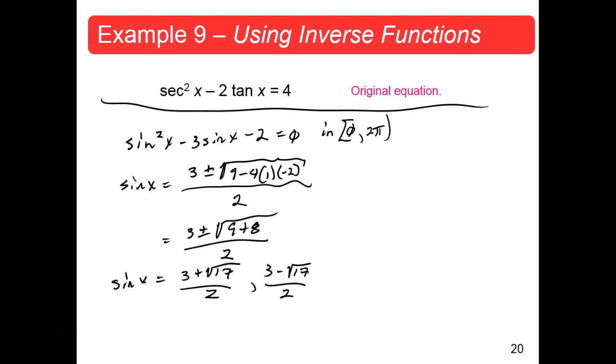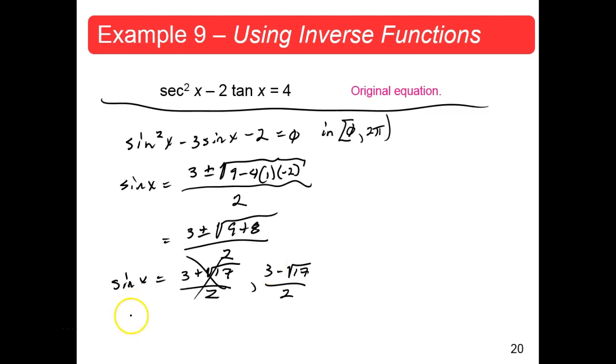Square root of 17, something a little bit more than square root of 16, plus 3 is going to be something more than 7. And 7 halves, not going to happen. This will not give us a usable solution. You see why? Sin x can't be anything greater than 1. That's going to be greater than 1. This one will give you a solution.